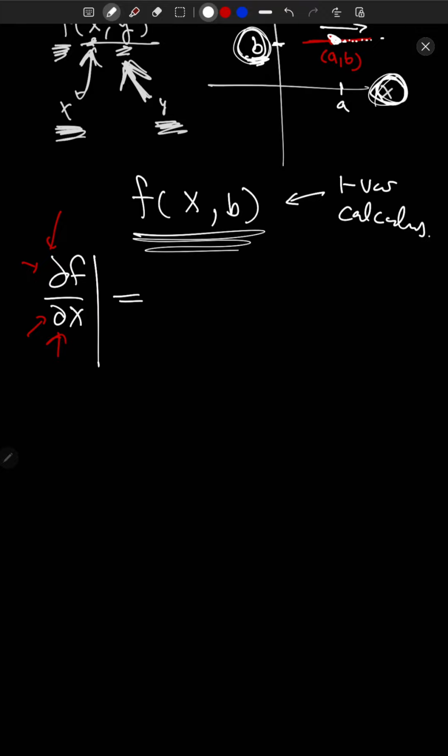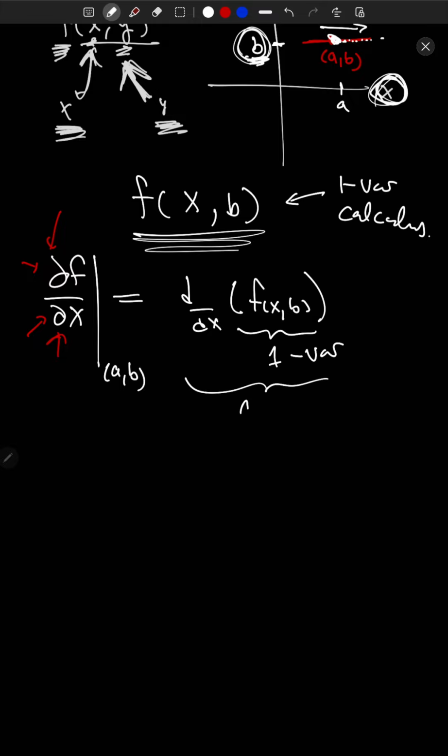this is at the point of interest, and we're looking at the point a comma b, all right, is equal to just a regular derivative, so I'm going to use the straight d's for now, of this function x comma b. Let me write it like this. I wanted to write d dx of f of x comma b. All right, so again, this is a one variable function, and so this is one variable calculus.